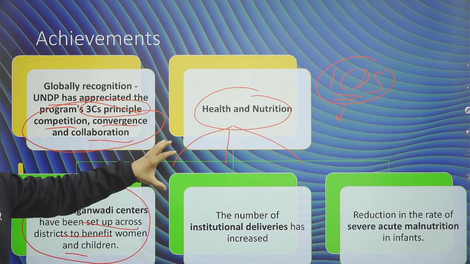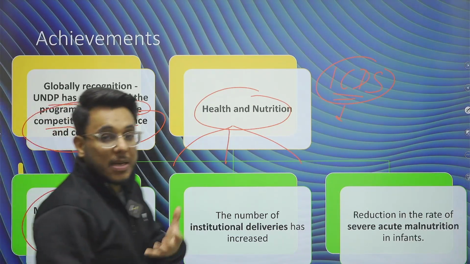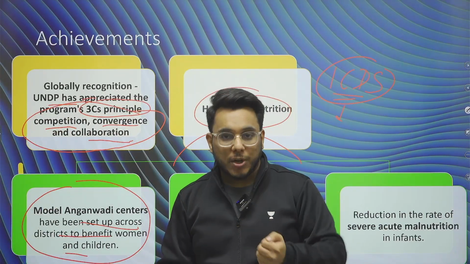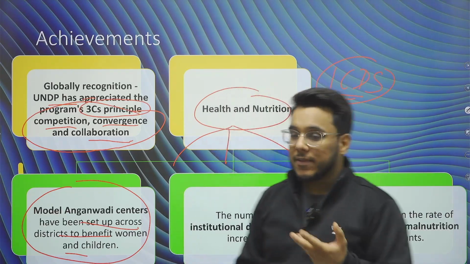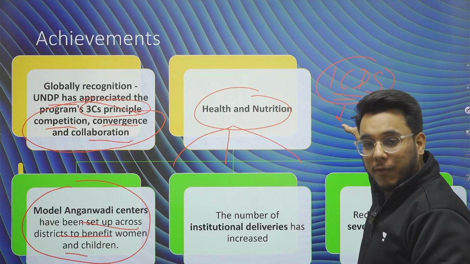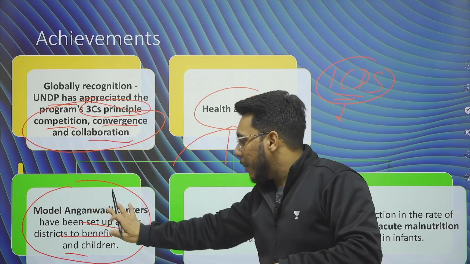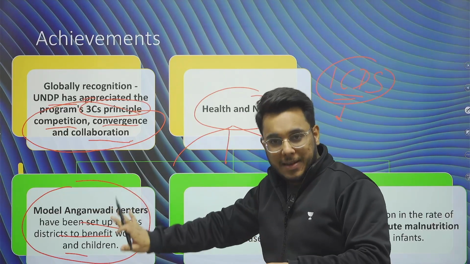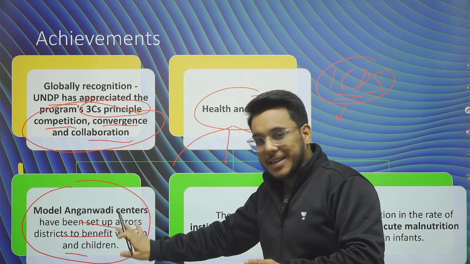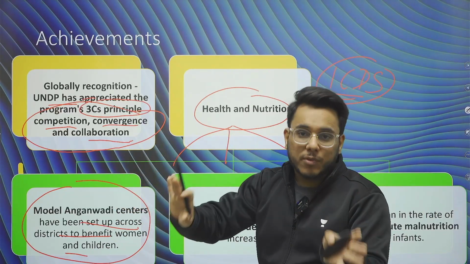Anganwadi is the heart of ICDS, and through Anganwadi services, supplementary nutrition, many health schemes and referral services are being provided. So Anganwadi centers play an important role in delivering ICDS benefits, and within the aspirational districts, model Anganwadi centers have been developed. These centers are specifically focusing on women and children who are the most vulnerable.